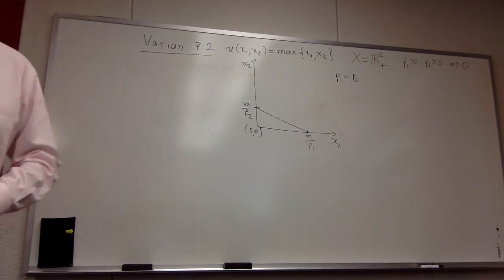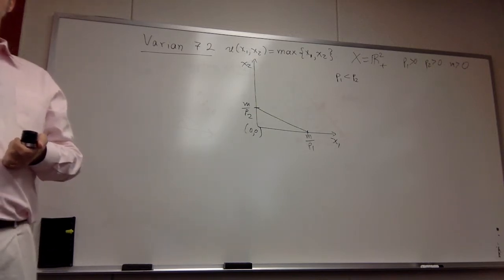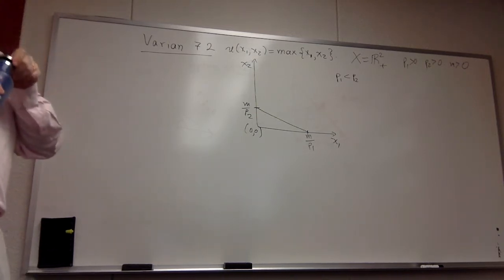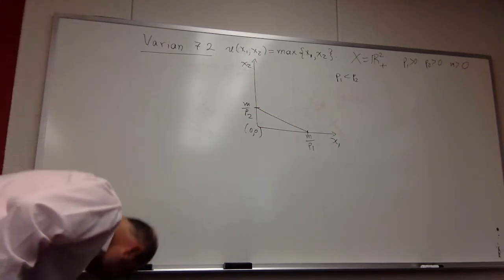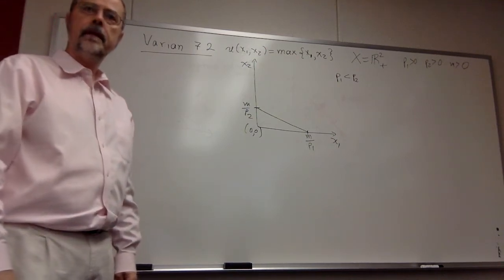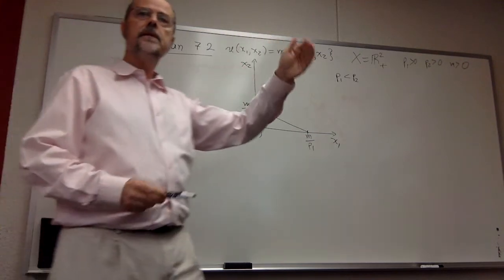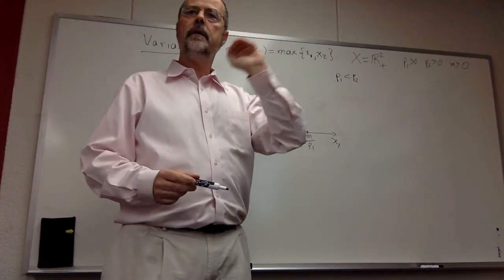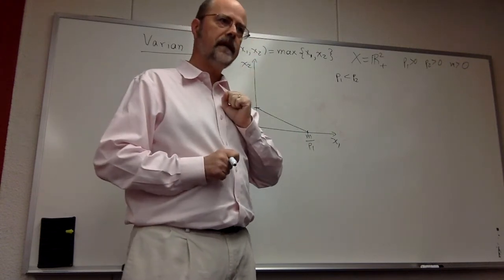So with the budget line looking like this, the next step is to start figuring out, okay, where is the maximum of utility among all those points that respect this budget line? Okay? First of all, will this consumer spend all their income? Well, let's examine that and convince ourselves that yes, they will.